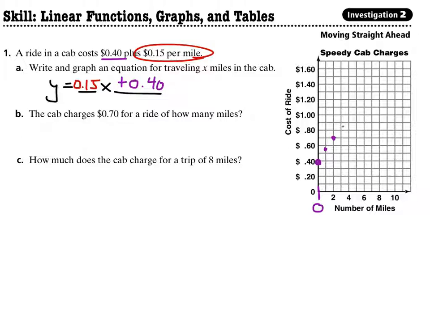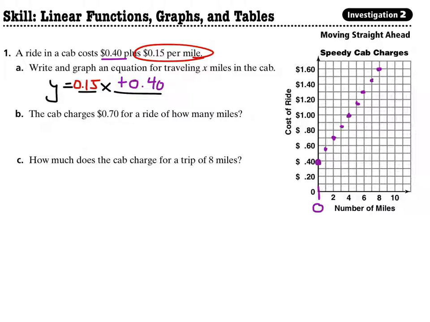Another 15 cents for another mile, 85 cents for 3 miles, and another 15 cents for the 4th mile puts us at exactly $1. Another mile would put us at $1.15, then $1.30, then $1.45, and then another mile would be at $1.60.